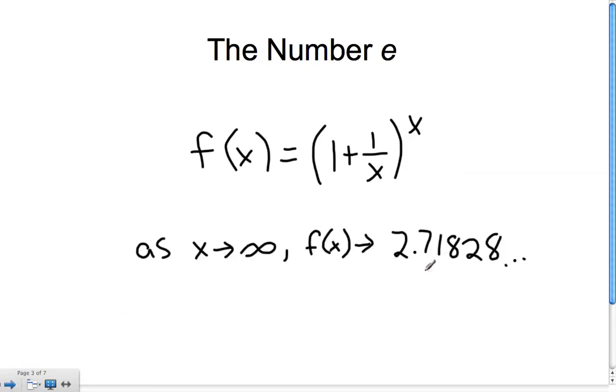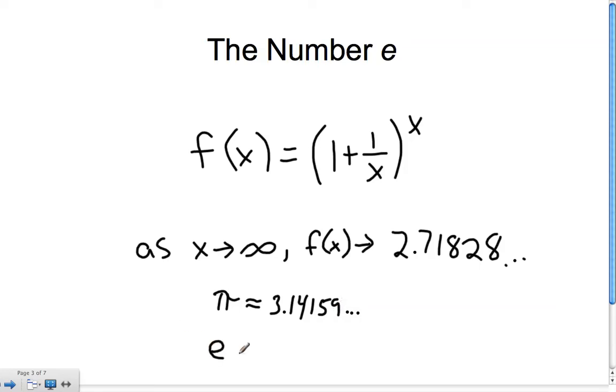Nothing special about that. We've seen horizontal asymptotes before, but this number is so important it keeps getting used over and over again. So kind of like what people have done with the number pi. Well, they didn't round it. They just created some sort of visual representation of it. They used a Greek symbol pi to represent the number 3.1415, so on and so forth, as the ratio of circumference to its diameter.